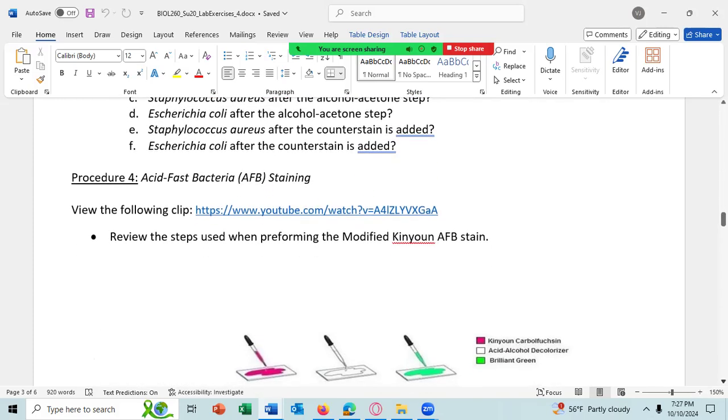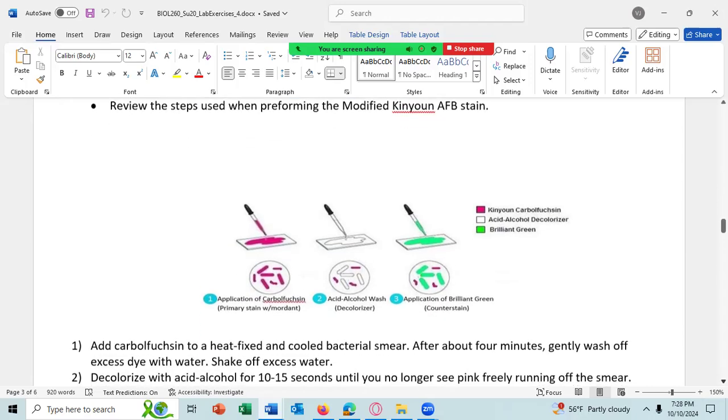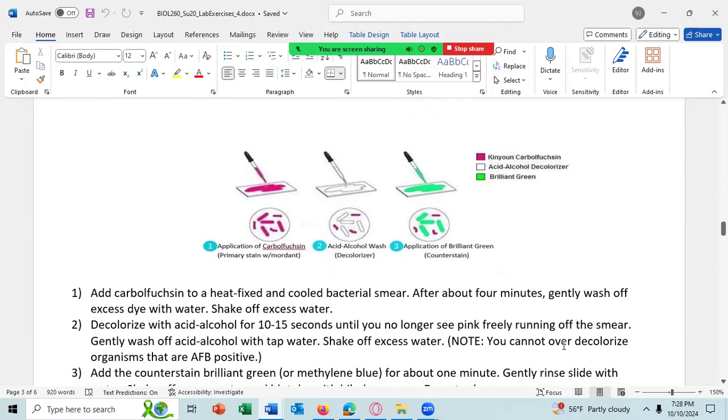For procedure 4, we're looking at the acid-fast bacteria stain. We have a video clip of the acid-fast stain right there. Review the steps of the modified Kinyoun acid-fast bacteria stain here. You stain the cells first with carbol fuchsin. All the cells will stain reddish, pinkish.